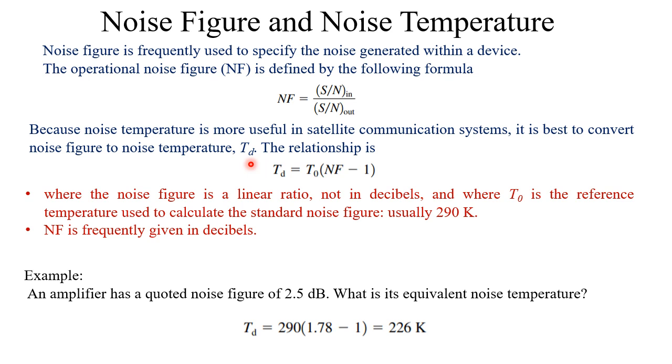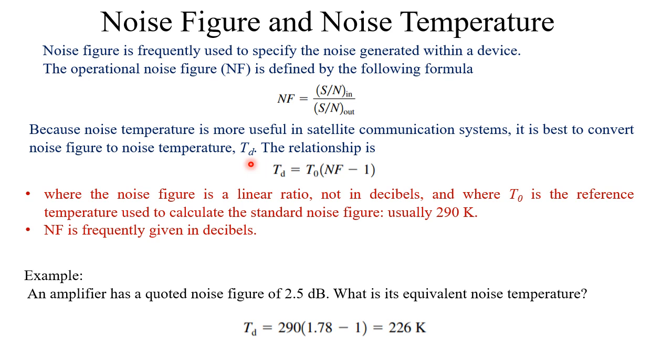Noise figure and noise temperature. Actually, noise temperature is a way of representing the available noise power out of a particular component. The same thing is done with the help of noise figure.